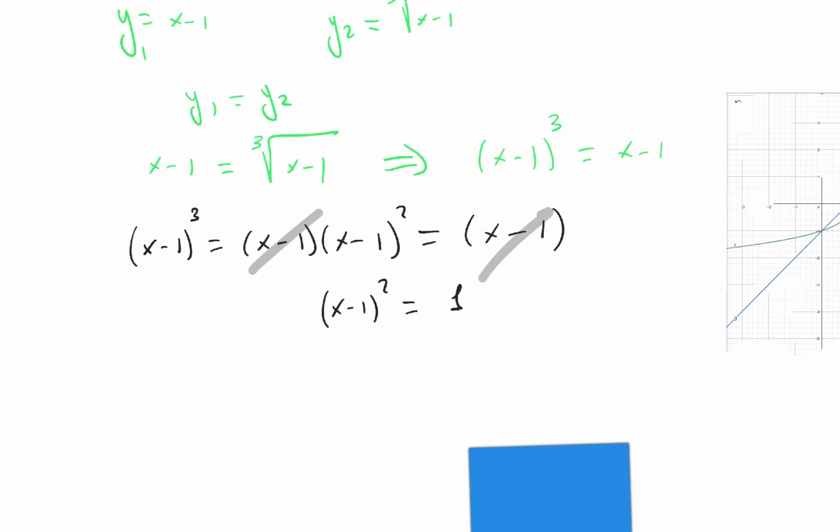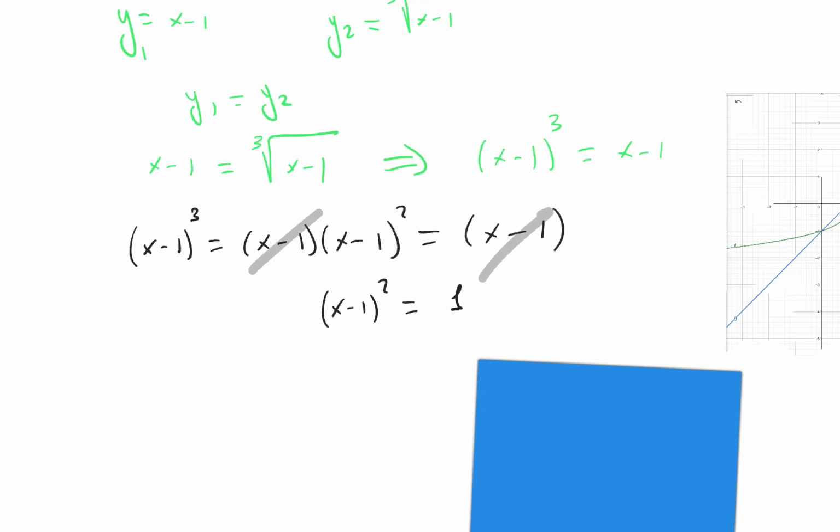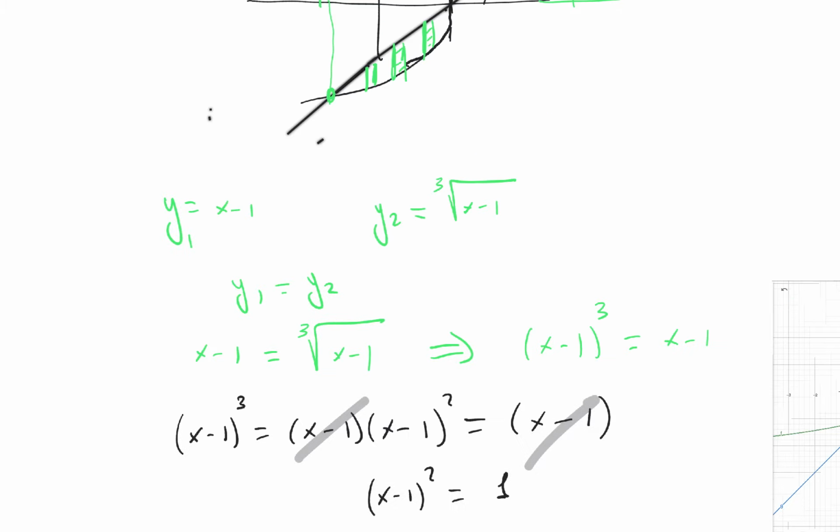Okay, so let me write here in case that I'm making a mistake. We divide the whole equation by x minus 1, and we will have (x minus 1) squared equal 1.